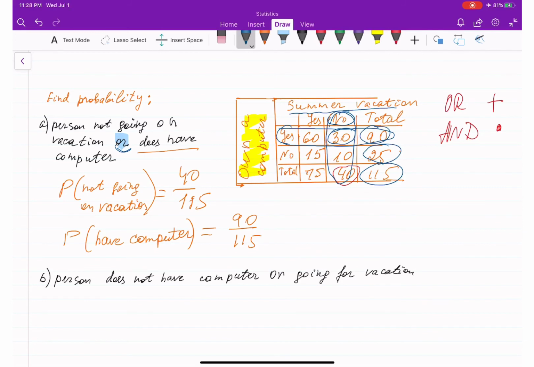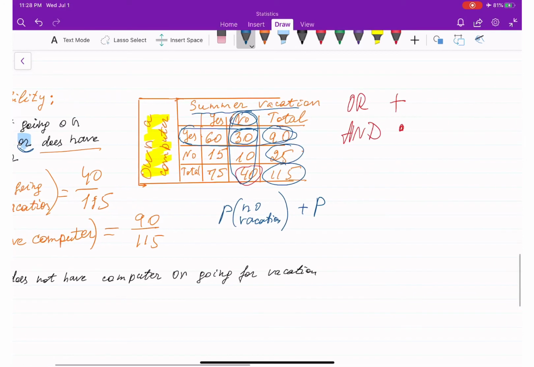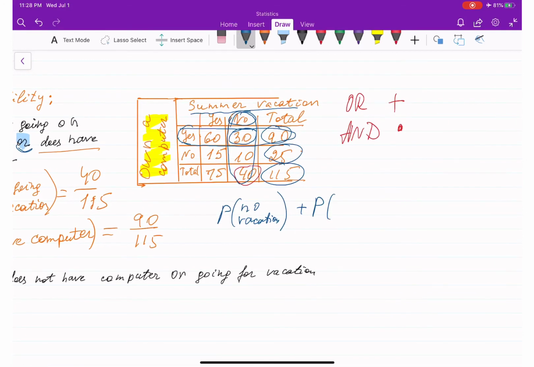Therefore, the total is going to be the probability of no vacation, plus the probability of having a computer, and we need to subtract this 30, otherwise it will duplicate.